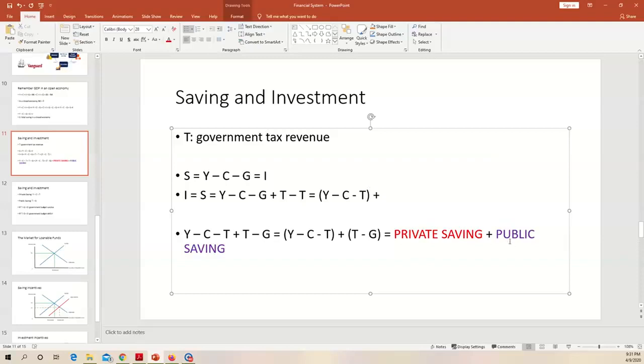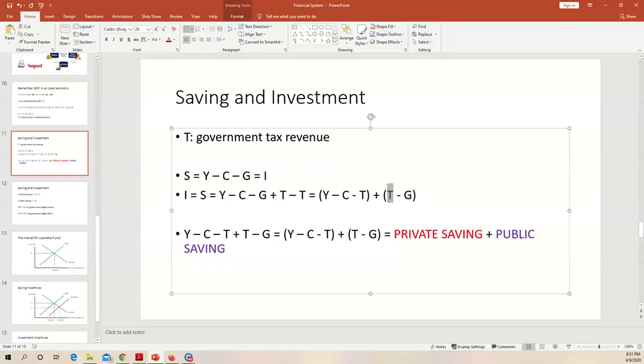Plus, we still have a positive T and negative G, right? So we have another pair of parentheses, T minus G here. So your salary minus your consumption expenditure minus the tax you pay, the leftover amount of money is what? Is your saving. But in this case, it is called what? Private saving, the first component.